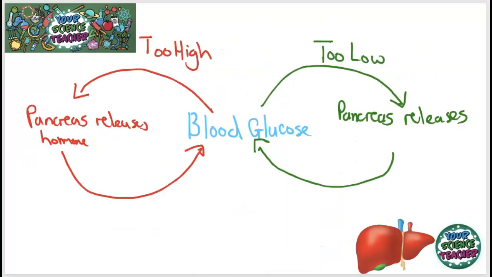We're now going to look specifically at the pancreas and a couple of hormones that are released in our pancreas in order to control our blood sugar levels. Now, what happens is if our blood glucose level gets too high, our pancreas releases a hormone called insulin.